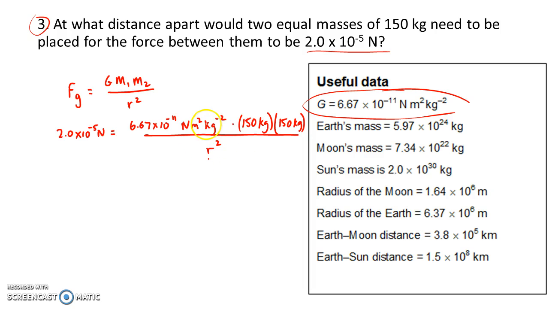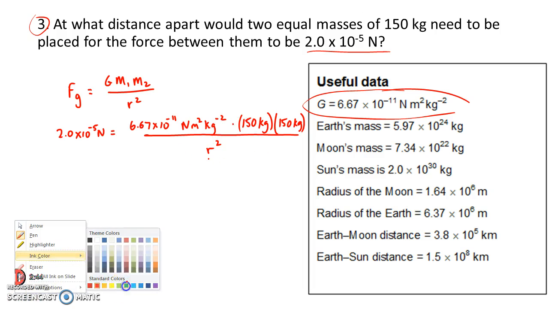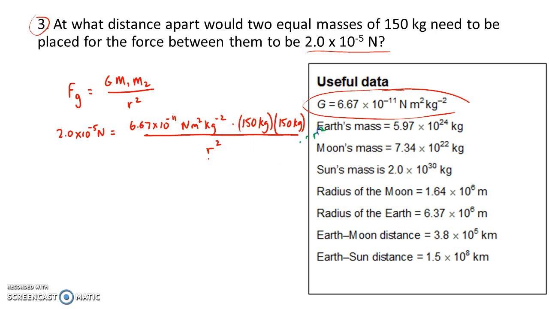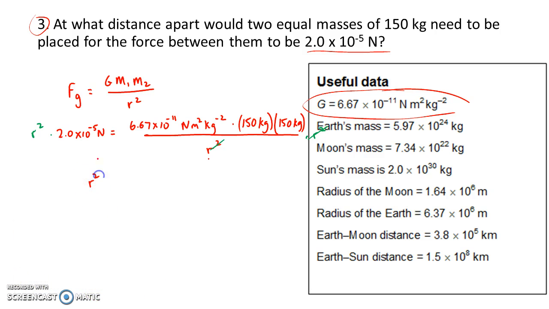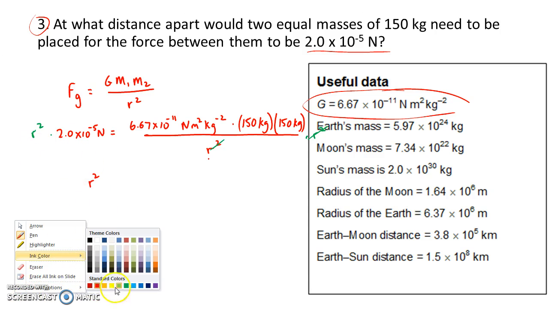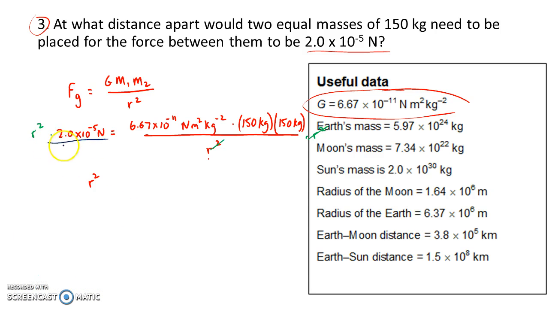So we can get r by itself by multiplying both sides by r squared. And that gets rid of the r squared on this side. And then the next step would be to divide both sides by this value. I need to divide it over here as well. That gets rid of this value.